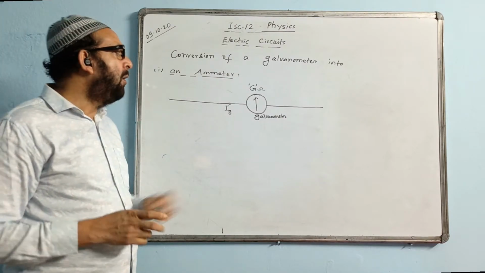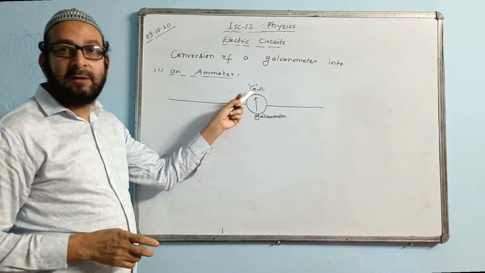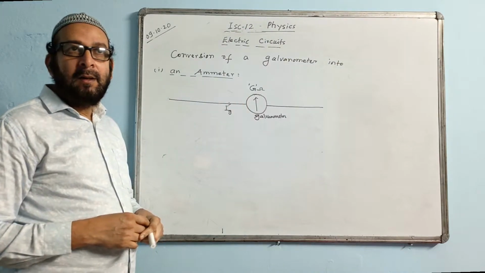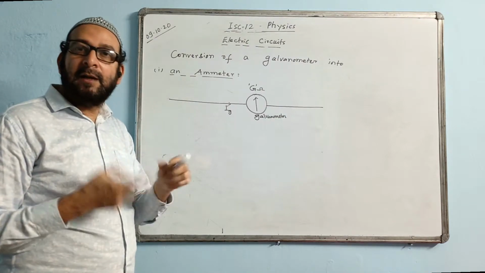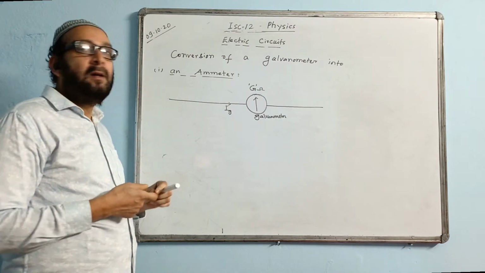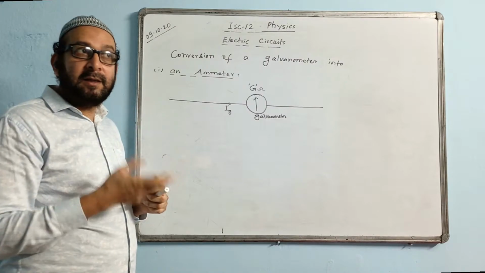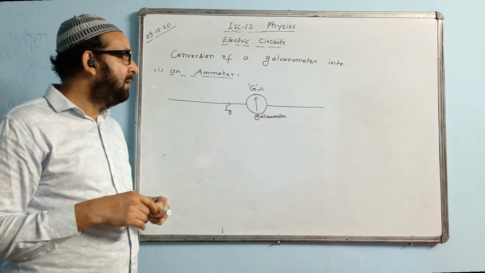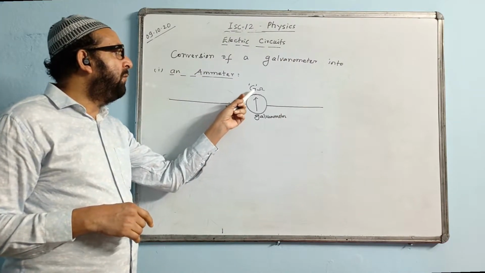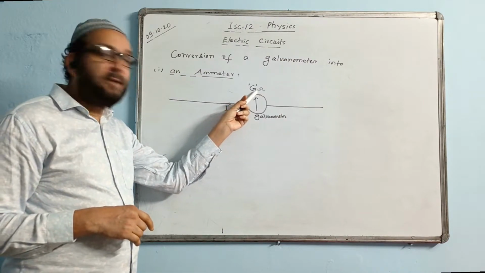Very low resistance. How can we lower the value of this resistance? There are two methods I mentioned before also, the series method and parallel method. In series, the resistance value increases, and in parallel, the value of resistance decreases.